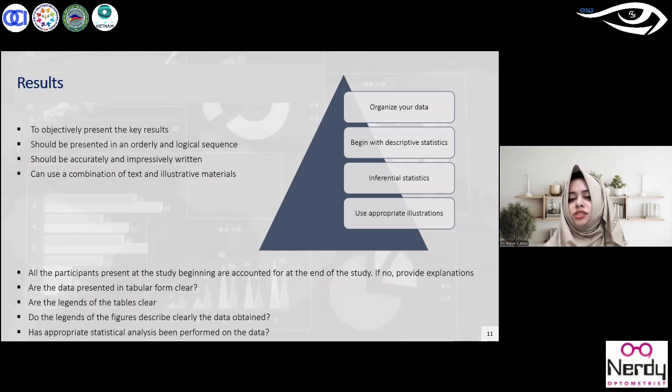So it is nice to start with a description of the participants and then go into inferential or more granular ones.